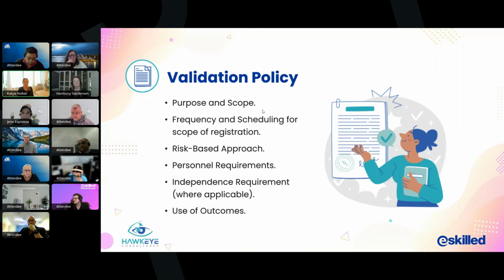Looking at a risk-based approach, so the qualification you're delivering, maybe it's your student cohort, maybe it's ASQA's risk priority ratings, whatever that might be, and whatever feedback you're using to inform that, making sure that it's really clear what you're using and how you've come about that approach and why you believe it's suitable to your RTO.